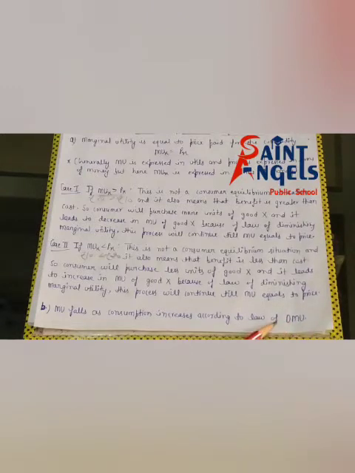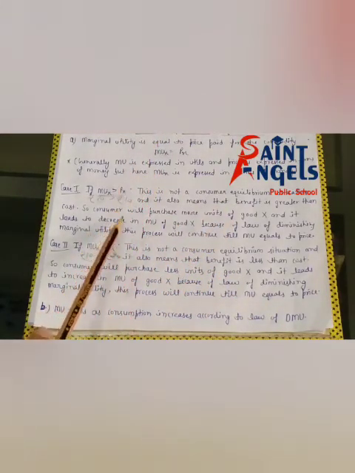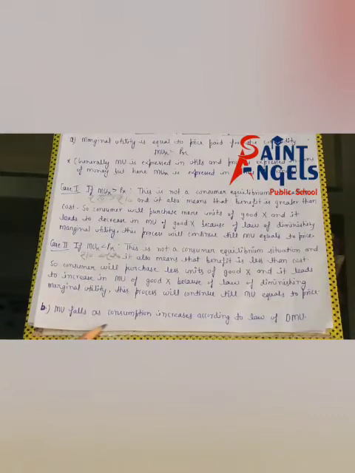The law of diminishing marginal utility means, as we consume more and more units of a commodity, additional satisfaction, meaning marginal utility, goes on decreasing. I hope the first condition is clear, the exception of this condition is also clear, and the second condition is also clear.